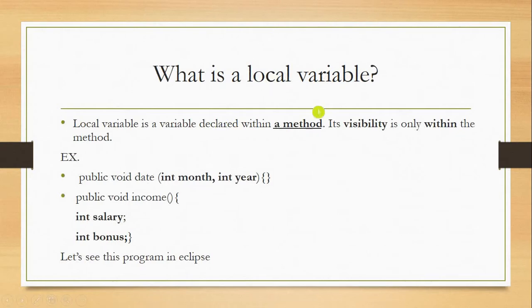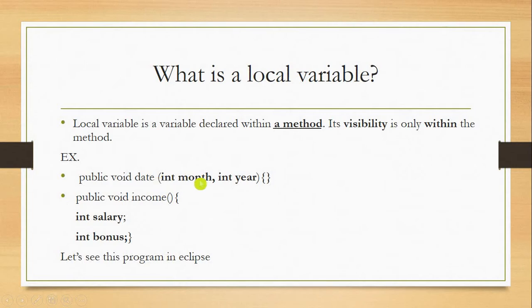What is a local variable? A local variable is a variable declared within a method. Its visibility is only within the method. Example: public void date, int month, int year.